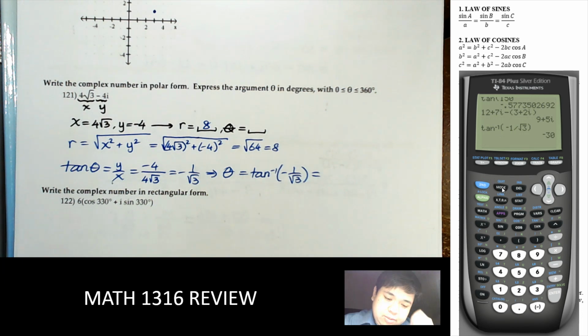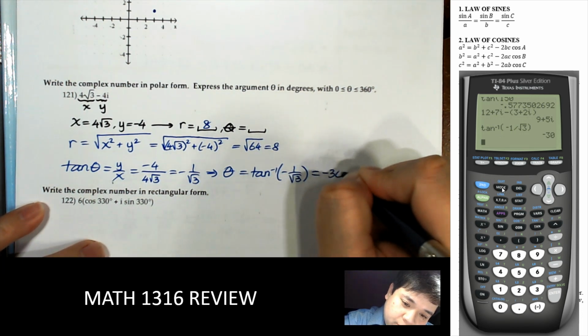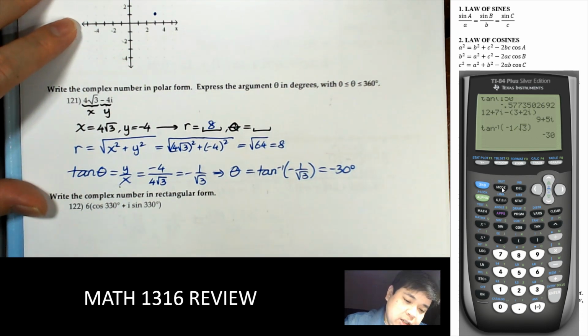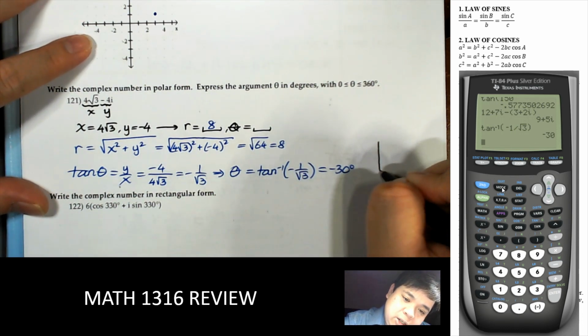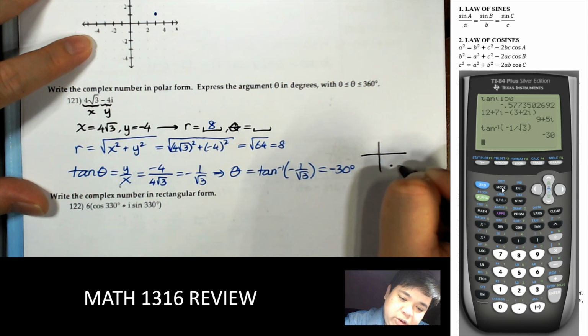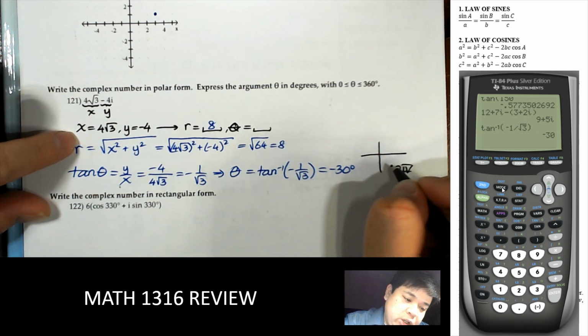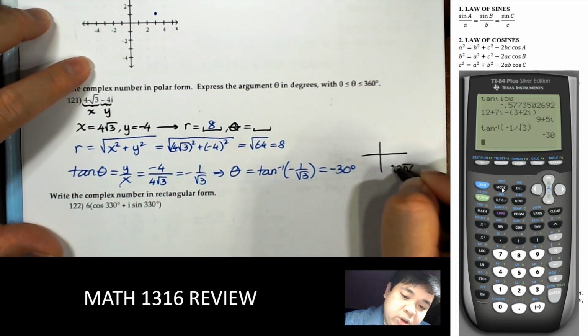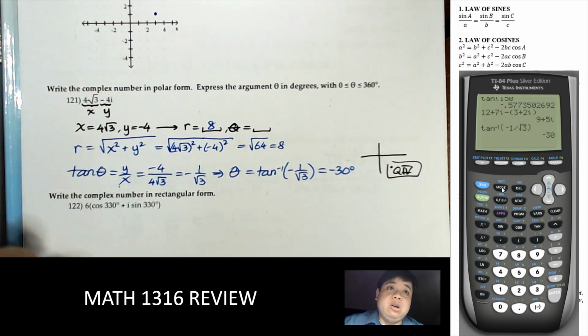Negative 30 degrees. We always check to make sure that it's in the right quadrant. Negative 30 degrees is in quadrant 4, and the original point has x positive, y negative. So yes, quadrant 4 is correct. So negative 30 degrees is good.